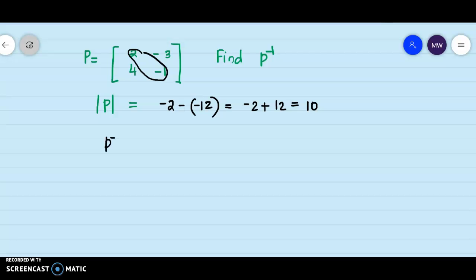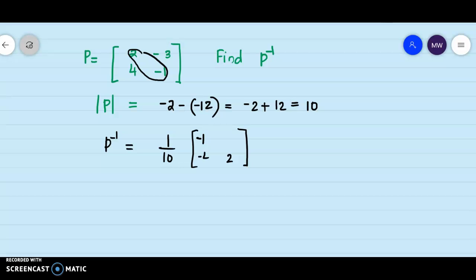So to find P inverse now, we have to write 1 over 10, or 1 over determinant of P, times the matrix switched around. The 2 and the negative 1 will change position: negative 1 goes up, 2 comes here in that diagonal. Now the other numbers, 4 and negative 3, will only change their signs.